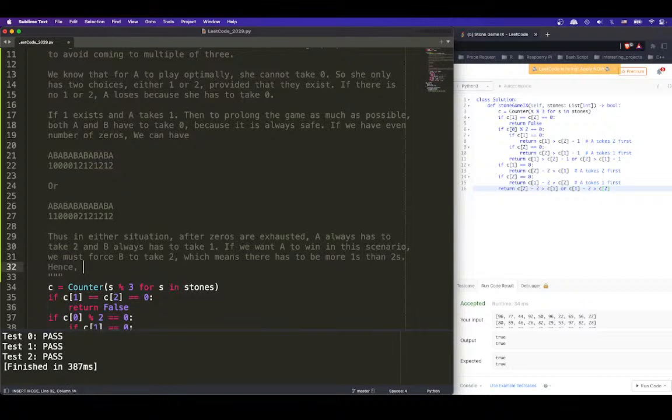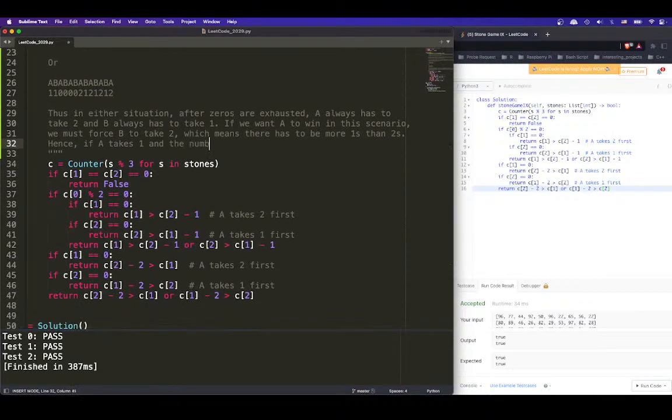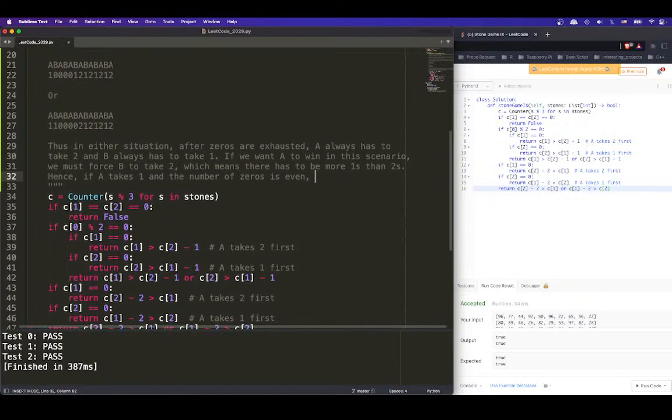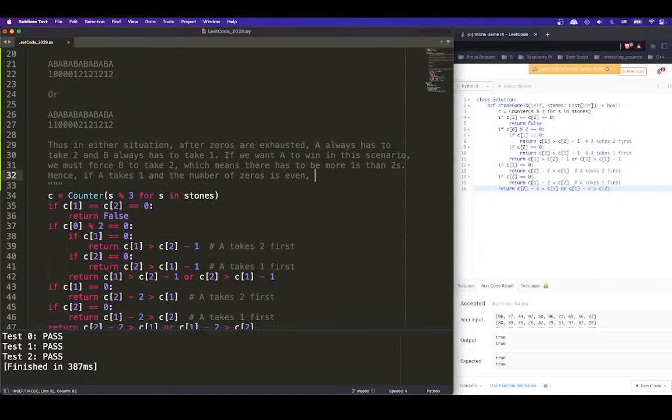Hence, if A takes 1 and the number of zeros is even, it forces more 2s than 1s.